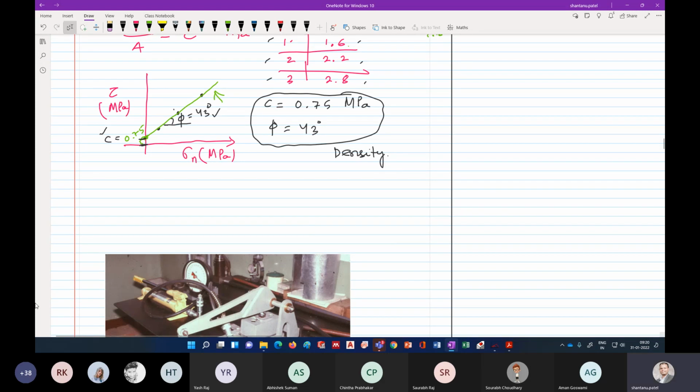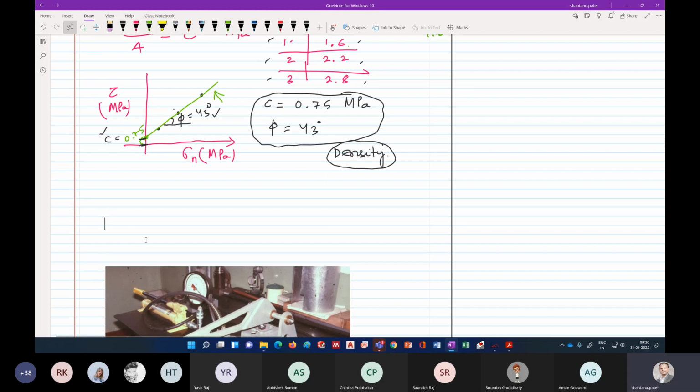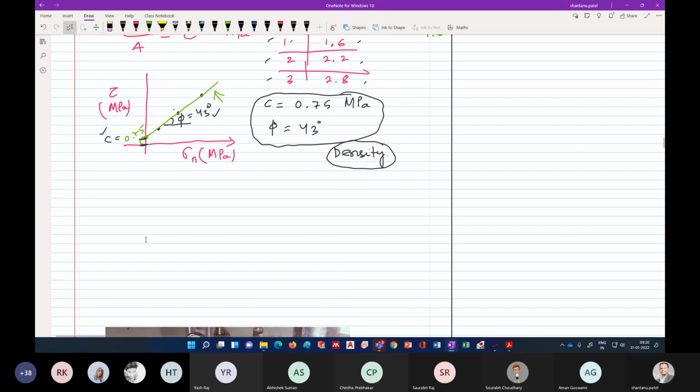Can anybody tell me why I need density? Come on. You have taken 2 courses related to rock mechanics, in these joints, what we are talking about here.